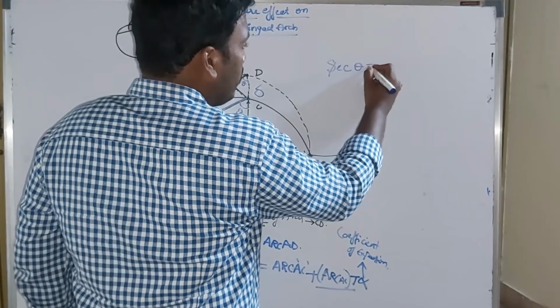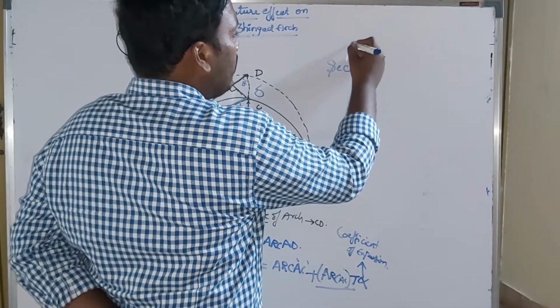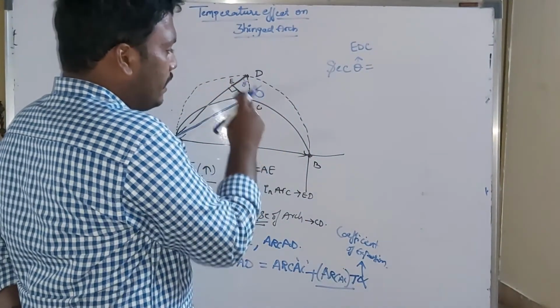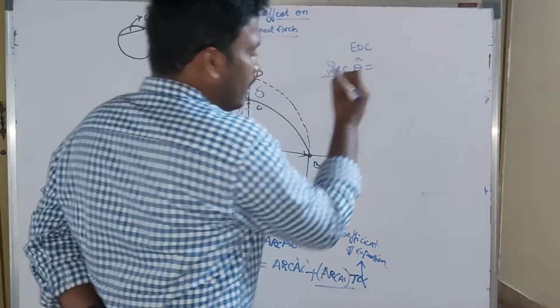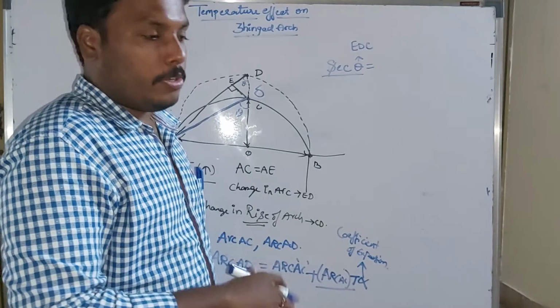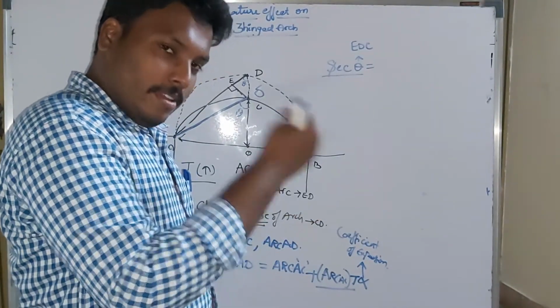Secant theta is equal to how much? Say theta I am calling secant EDC. In the angle between E, D and C we are calculating secant. What is cos? Adjacent side by hypotenuse. The reverse of cos is nothing but hypotenuse by adjacent side.